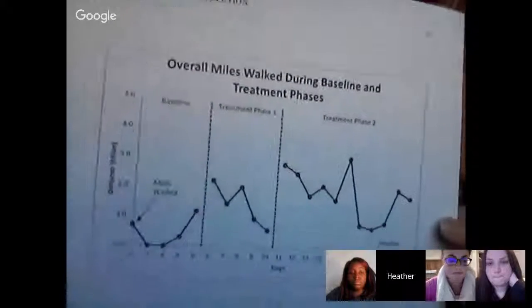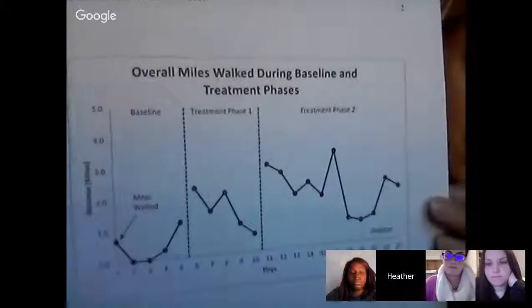Okay, so here is my graph for overall miles walked. As you can see, during baseline, I did not walk for 2 out of 5 data points, and then I only got over a mile for 1 data point. During treatment phase 1, it's inconsistent.